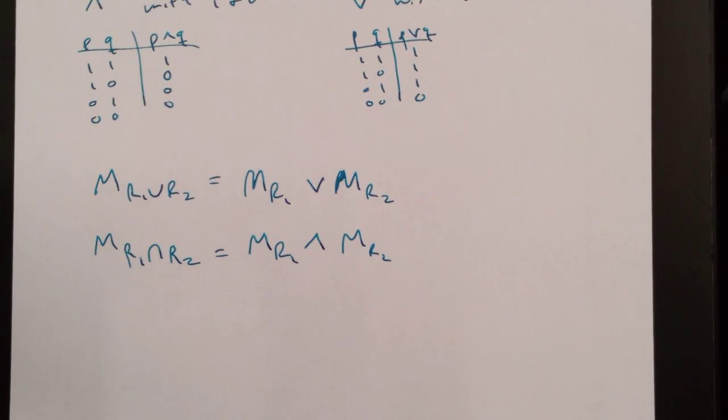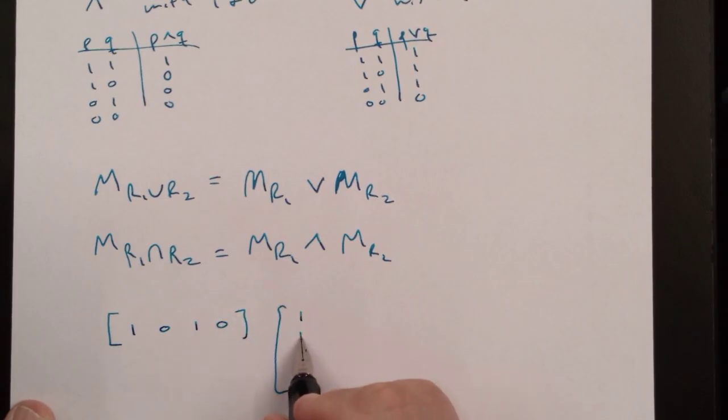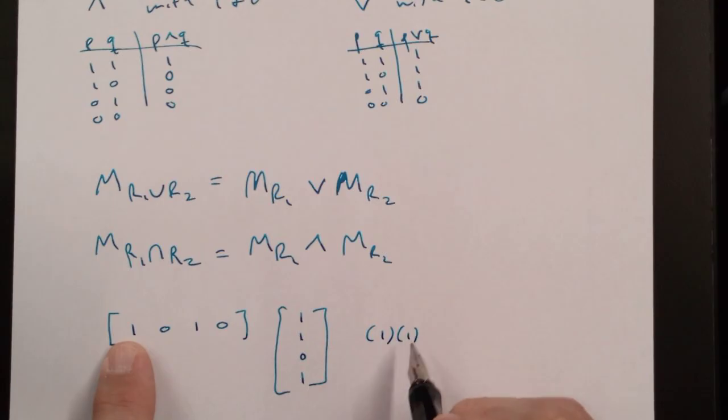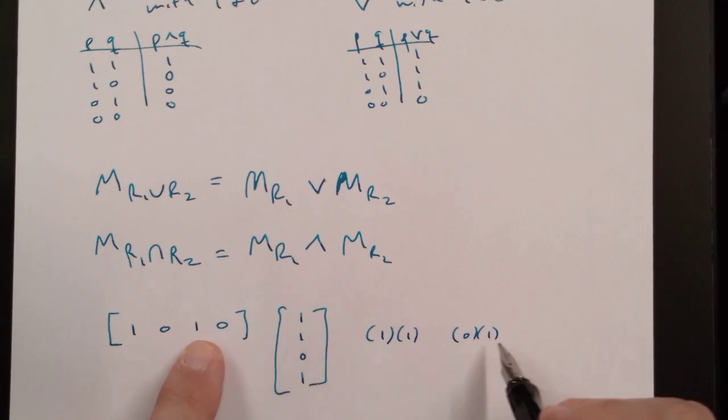Here's the best part. How many of you have done vectors in any other class anywhere? You remember a thing called a dot product? When you take the dot product of 2 vectors, you take the first numbers and you multiply them. You take the second numbers and you multiply them. You take the third numbers and you multiply them.